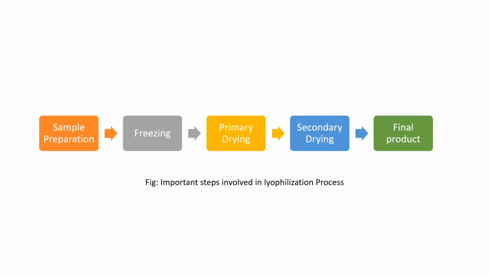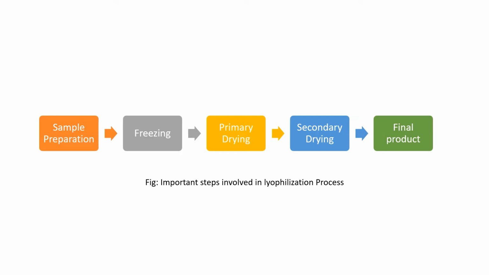The rate of sublimation of ice from the frozen product depends upon the difference between the vapor pressure of the product and the vapor pressure of the ice collector. So this is about the primary drying stage.